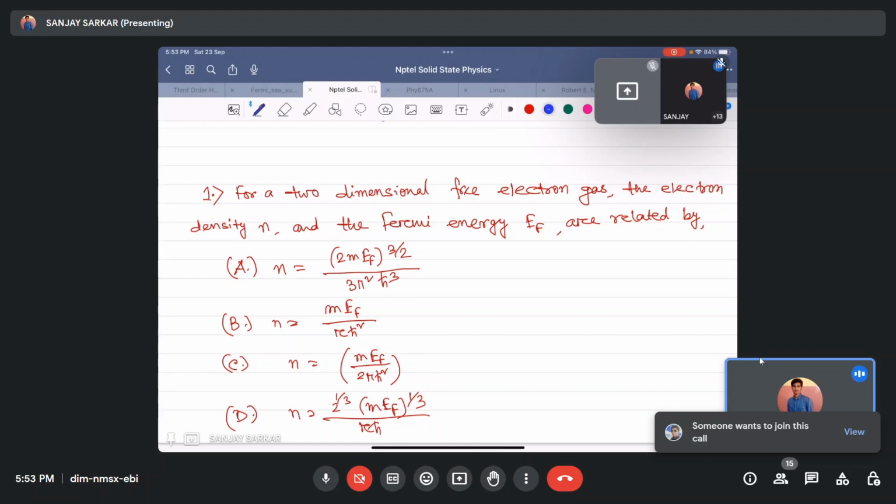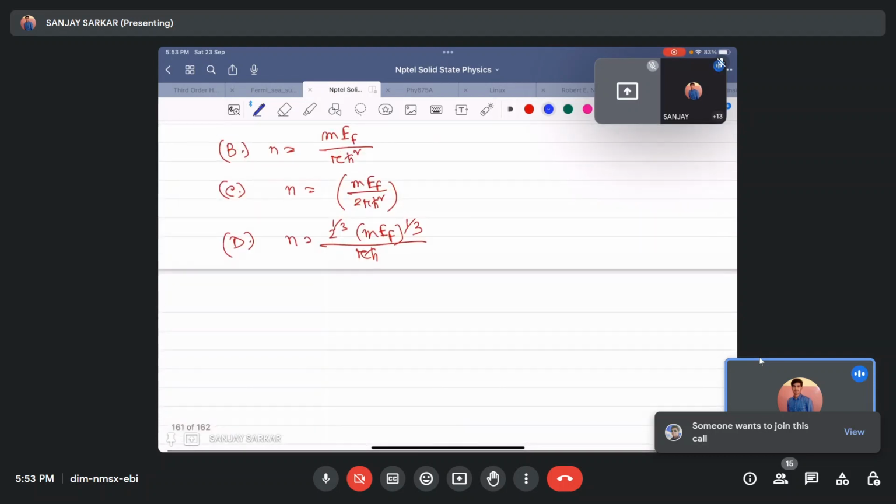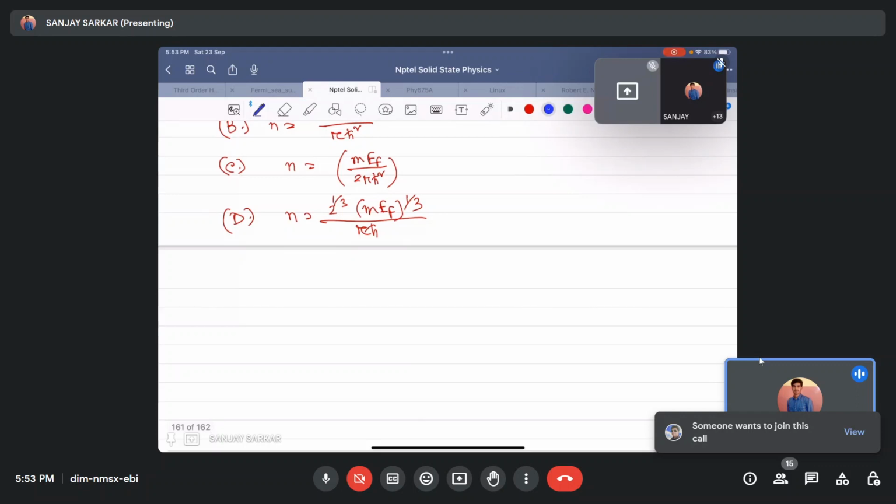So you need to use the density of states for 2D also, because you know that the number of states n is the integral from 0 to EF of G(E) f(E) dE.